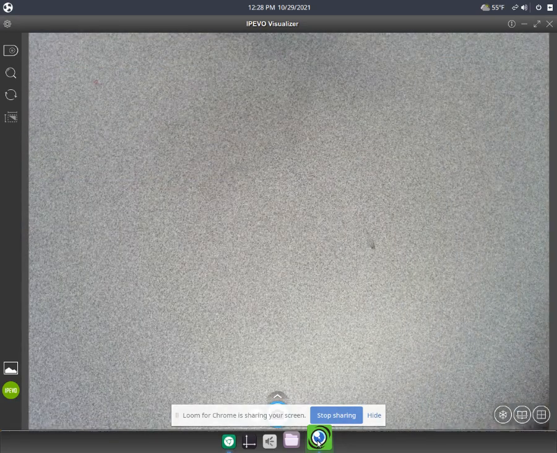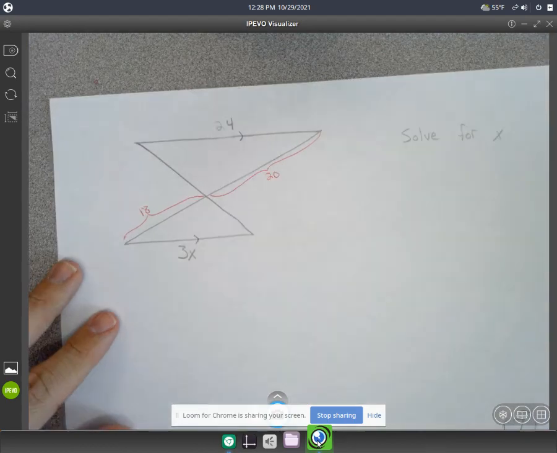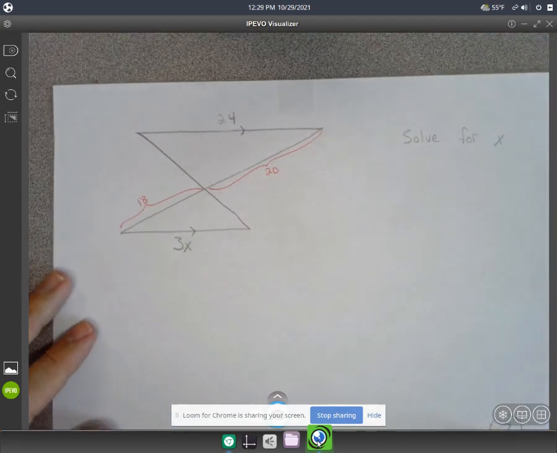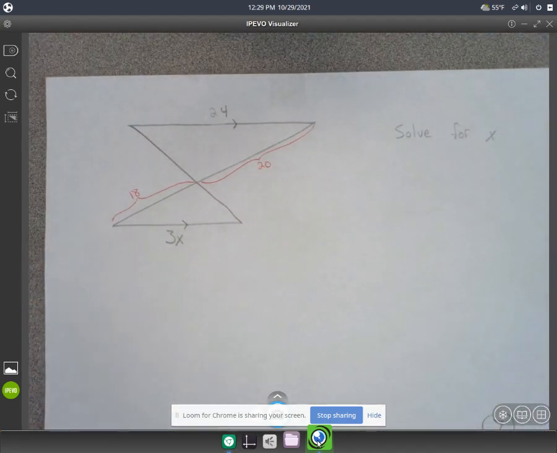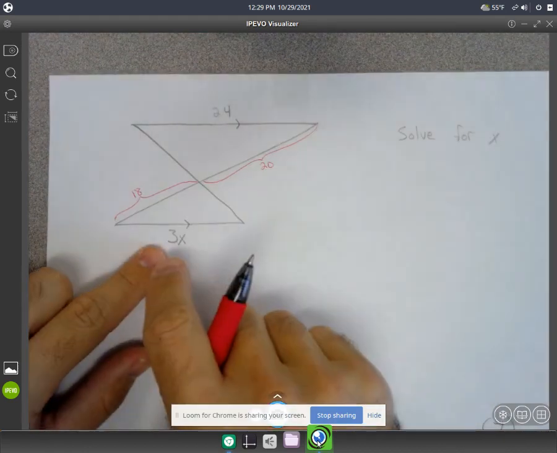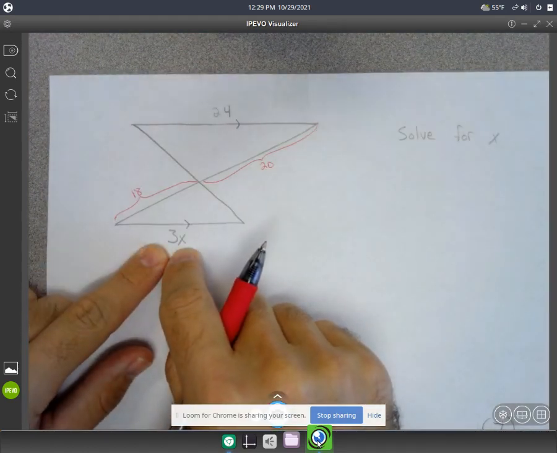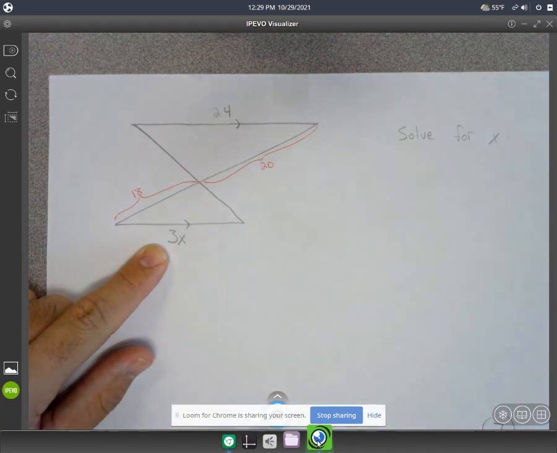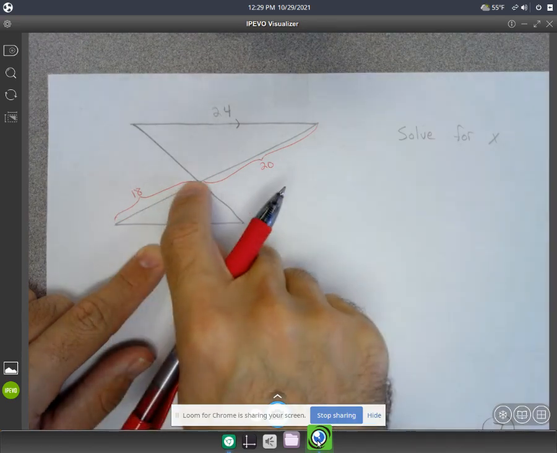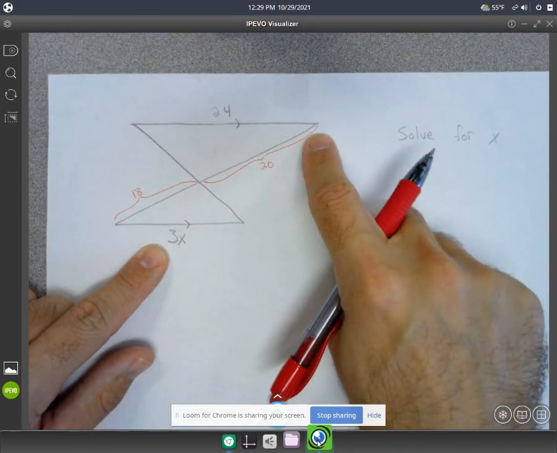Next, number 7. Another one of those bow tie problems. For the proportion for this one, I'll say my 3x corresponds to my 24. That's like the base to the base. And then I'll say the 18 corresponds to the 20.